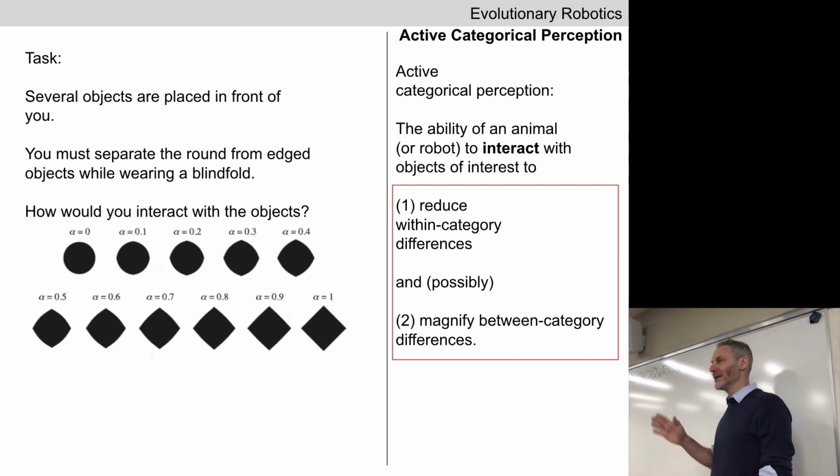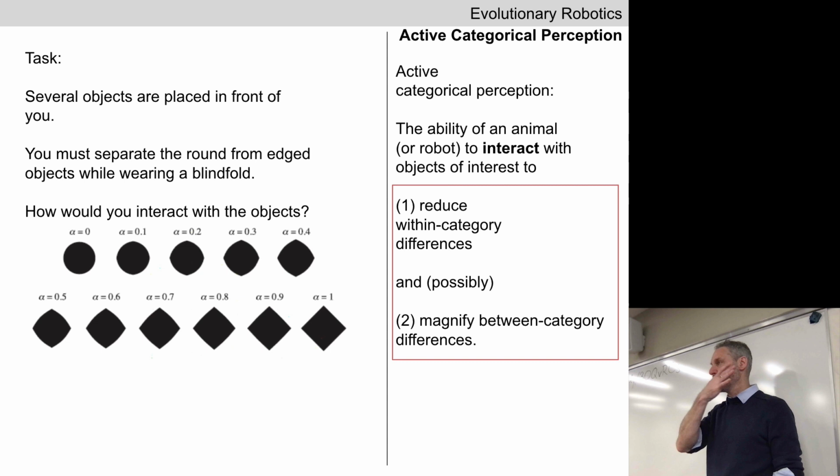You've got a blindfold on, so you don't know what these objects actually look like. You need to perceive and categorize the round objects from the edged objects. What do you do? What actions do you perform to categorize between the round and the edged objects? You might try to roll them.